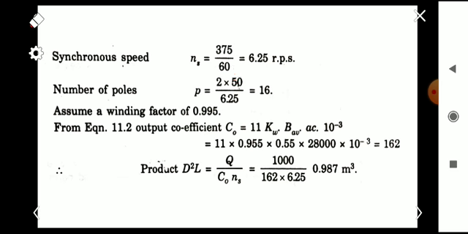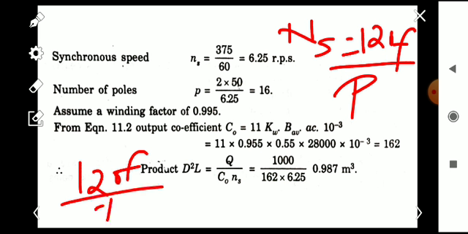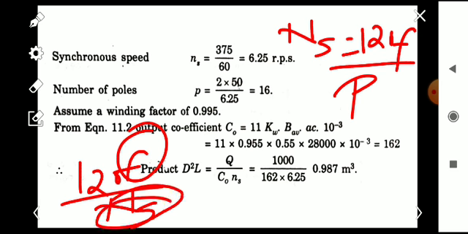Also we can find the number of poles. We know the relation Ns = 120 f / P, so for finding the number of poles, P = 120 f / Ns. Just substitute the values of f and Ns and we will get the number of poles.